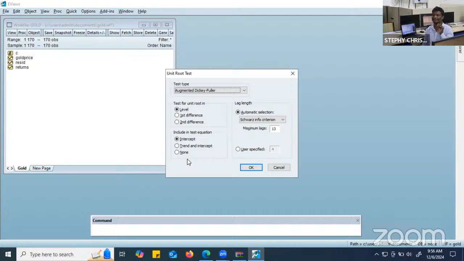The ADF equation is in autoregressive form. Yesterday I told you, in the PPT which I gave, the equation is based on Yt being a function of Yt-1. We are regressing with its own lag.